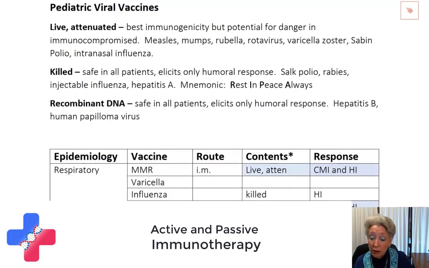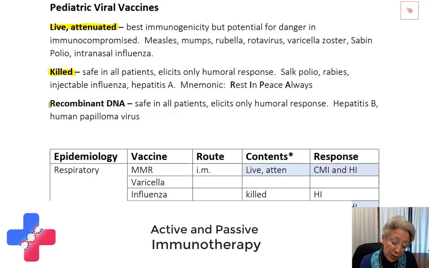The pediatric viral vaccines, realize in this case we have 3 different types. We have those vaccines that are live and attenuated. These are the ones where the viral agent is still capable of carrying out its life cycle, but it has been minimized in its virulence by using some particular technique. Also, we have those that are killed, where the virus itself is inactivated so that it cannot cause any life cycle to occur in the human that is inoculated.